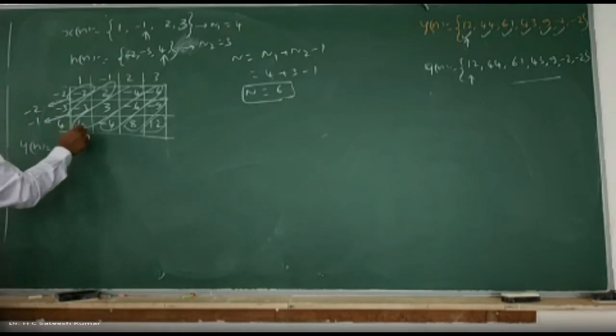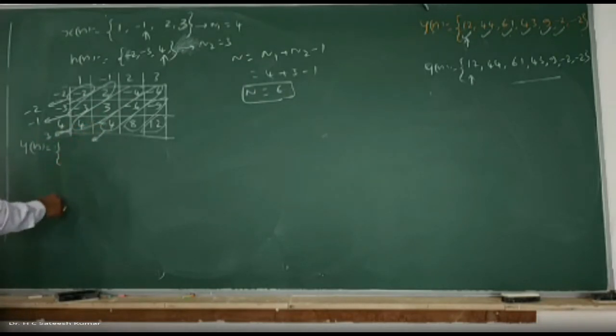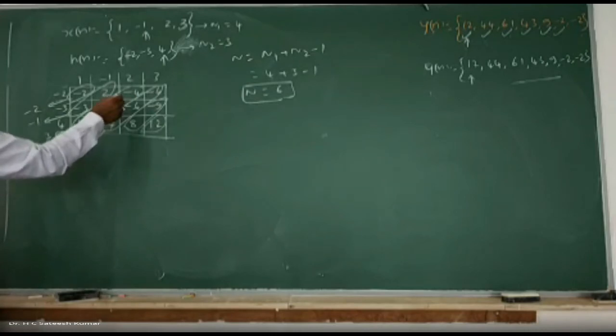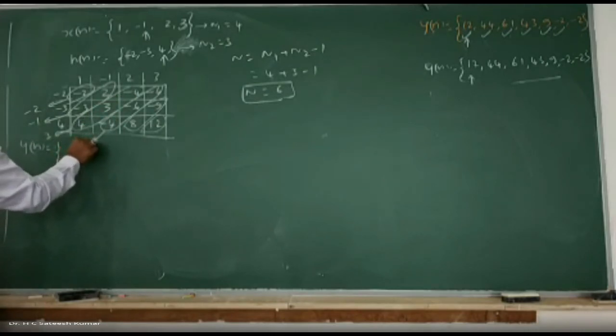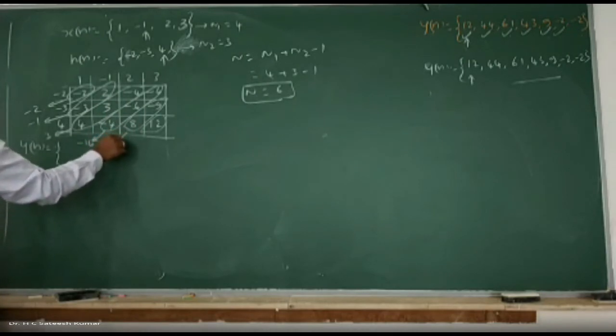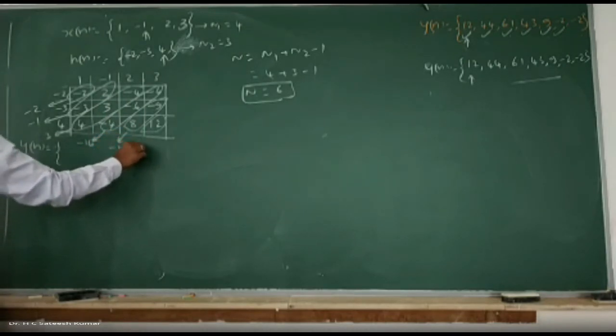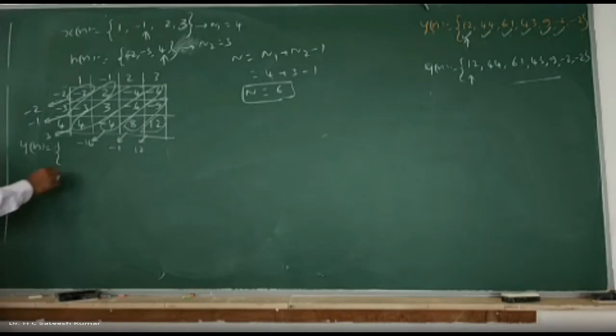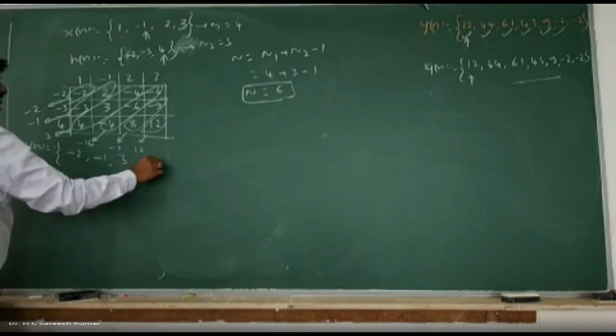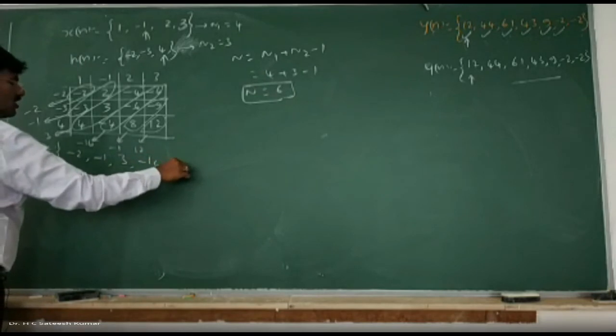Minus 4 plus 4 will get 3. And what about this one? Minus 6, minus 4, minus 10, minus 16, and minus 9 plus 8 is minus 1, and it is 12. So therefore, we have minus 2, comma, minus 1, comma, 3, comma, minus 16, comma, minus 1, comma, 12.